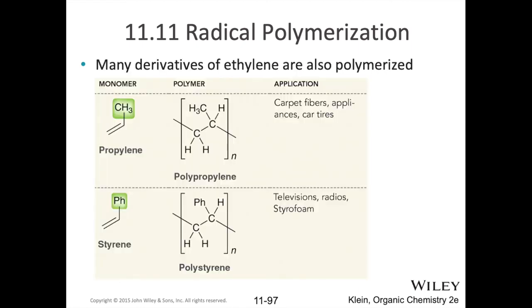So what kinds of polymers can we form from different types of monomers? You can actually figure out the name of your polymer from the common name of your monomer. For example, here we have propylene, which is the old common name for propene. So polypropylene is just the polymer that you form when you open up that double bond.